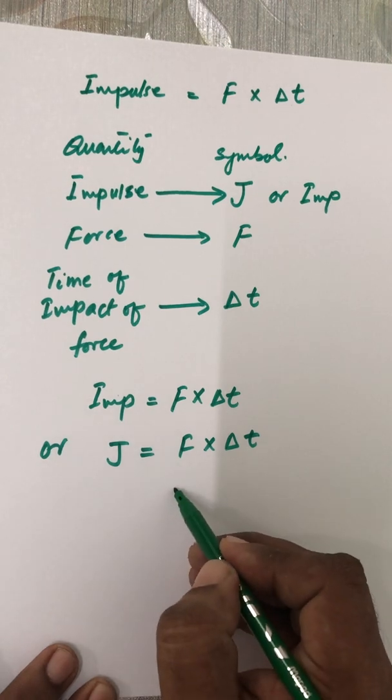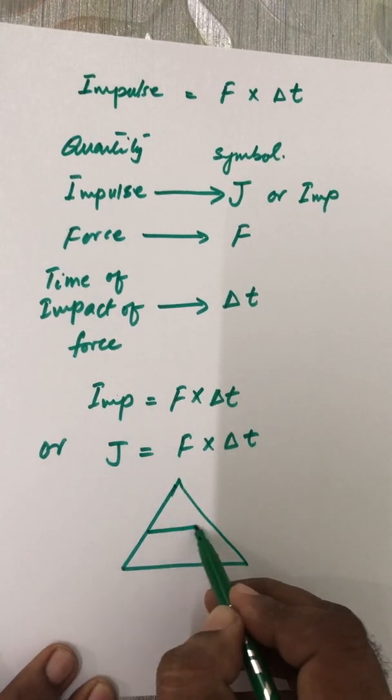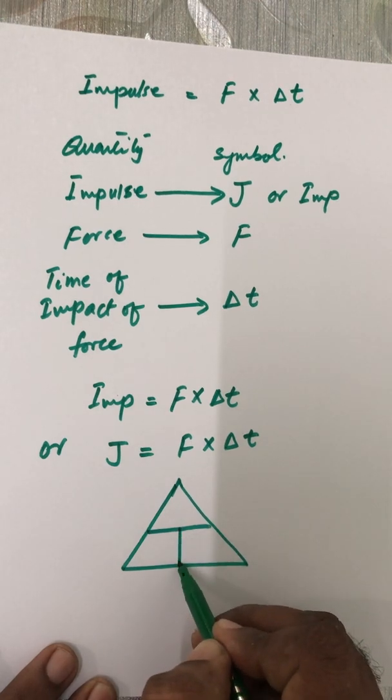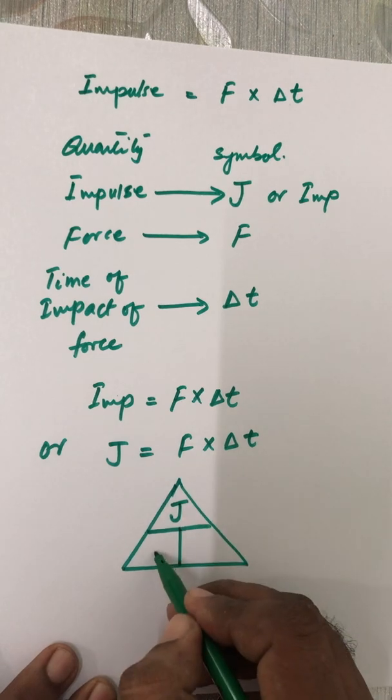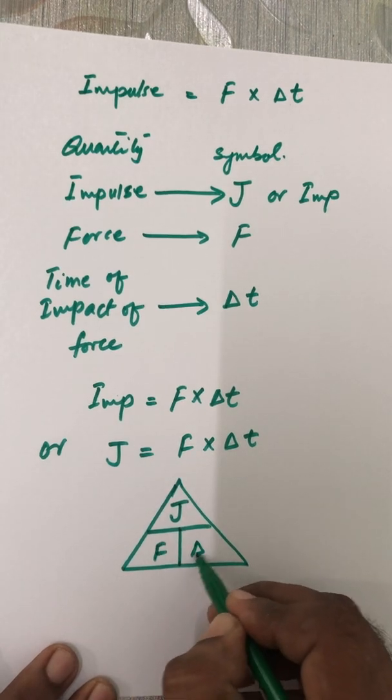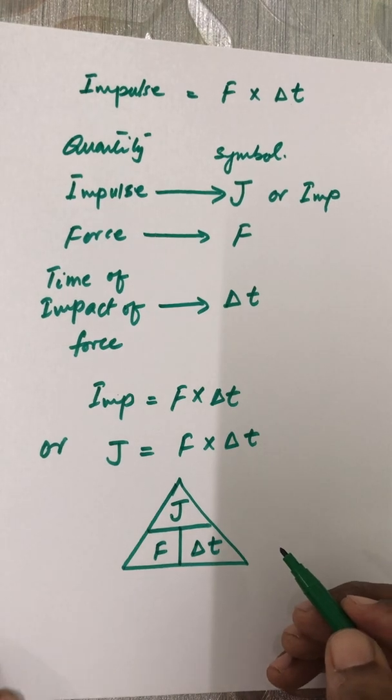And we have a triangle also for this formula that will make it easy to understand. I am writing here J equals force times delta T or simply T, doesn't matter.